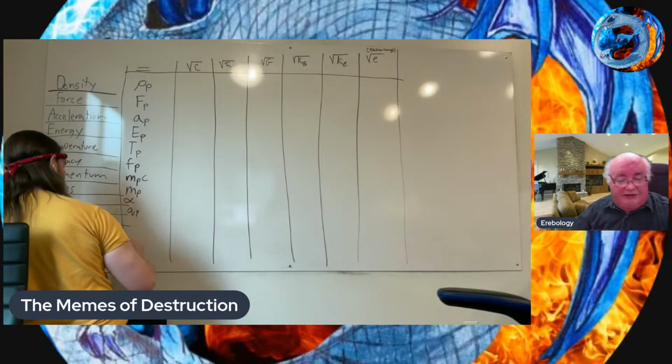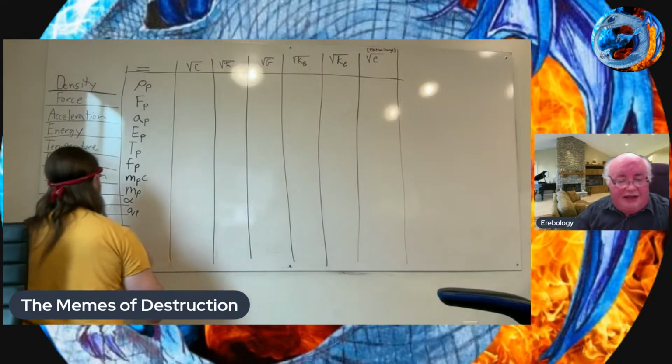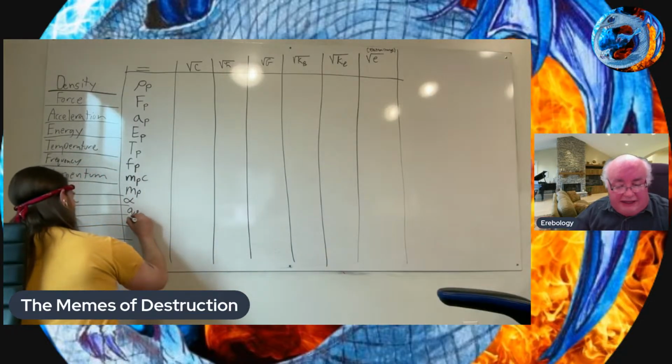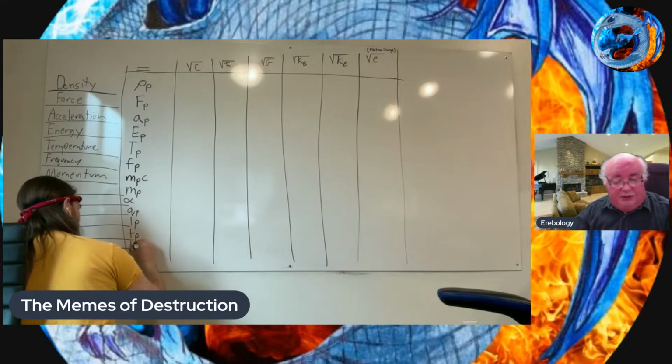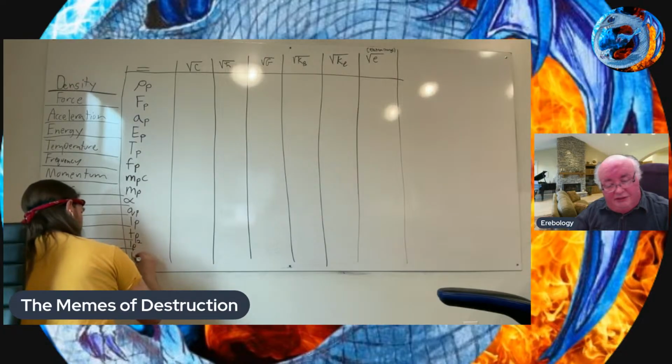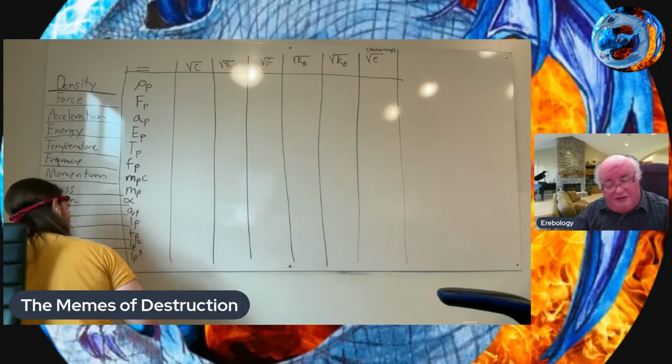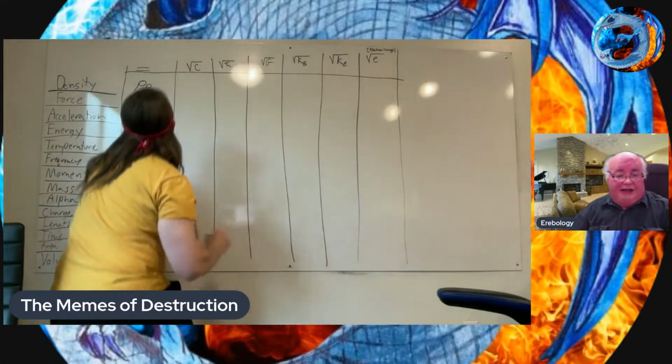And then the next one below is length, so that's lowercase l sub p. And then time is t sub p. And then area is L squared sub P, and volume is L cubed sub P.